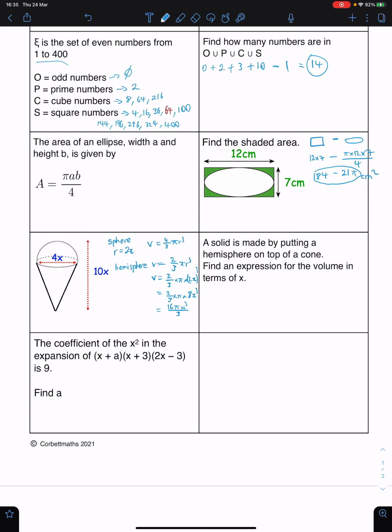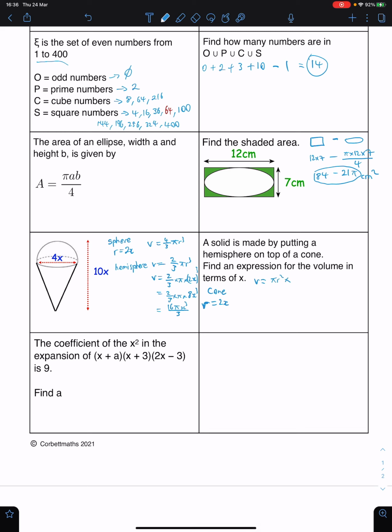Now we need to work out the volume of the cone. So for the cone, we have again the radius is equal to 2x, and the volume of the cone is going to be the area of the circle, so pi r squared, times by the height.